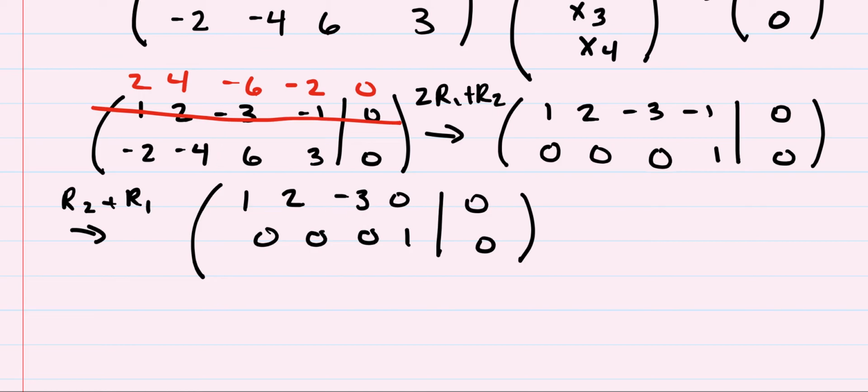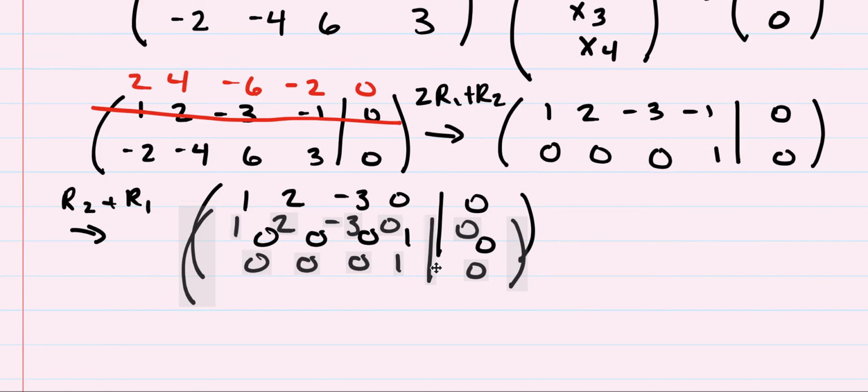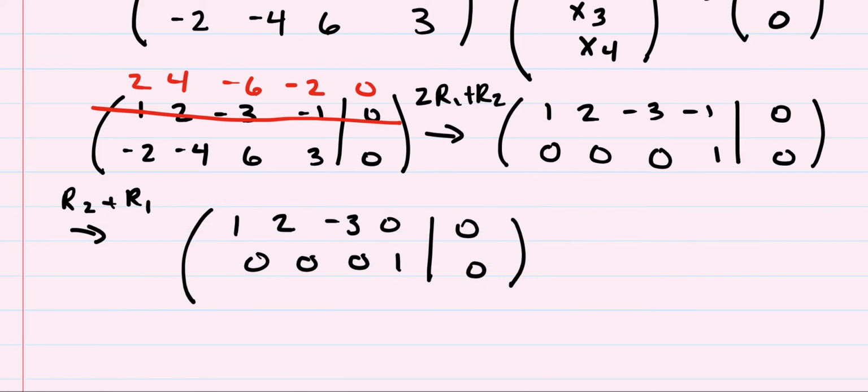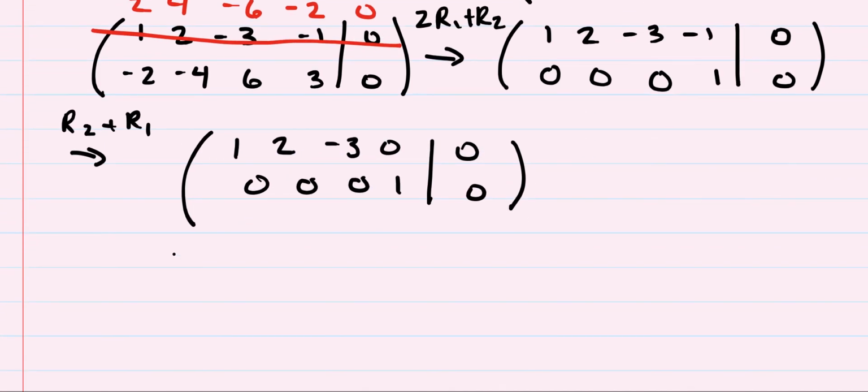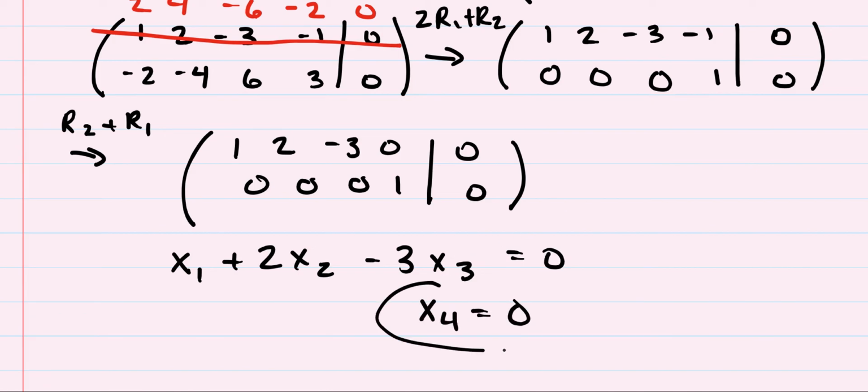And now let's relate this back to our system. This says that x1 plus 2x2 minus 3x3 is 0, and x4 is 0. So we know what x4 is.